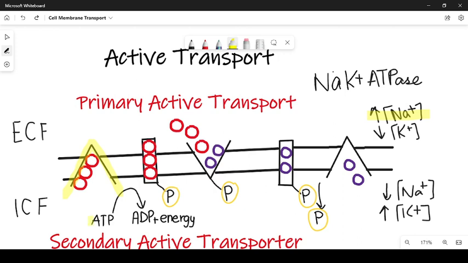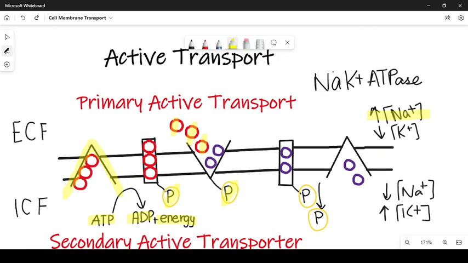And then ATP gets hydrolyzed to ADP and energy, and it releases a phosphate group. The phosphate group gets attached to the carrier protein, changing its conformation, and then it changes further and releases the sodium ion into the extracellular space against its concentration gradient.